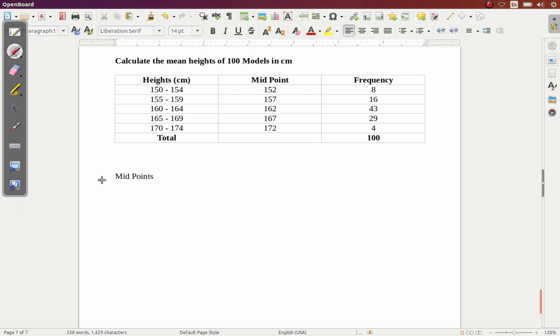Now, from what we did last time, we can see that the mean is the midpoint here, 152, that represents the 150 to 154 group. 152 multiplied by 8, there are 8 of them. Instead of saying 152 plus 152 plus 152 and so on, we just say 152 times 8 because there are 8 of them. Plus, then we had 157 times 16.